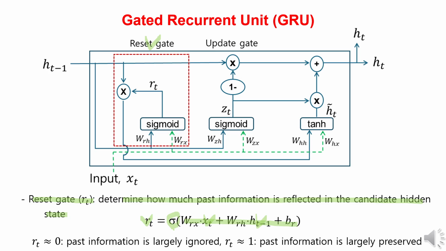If it's close to 0, the past information is largely ignored. On the other hand, if r sub t is close to 1, the previous hidden state is largely preserved, meaning the past information is largely preserved. So basically, the reset gate decides how much of the past information should be reset.